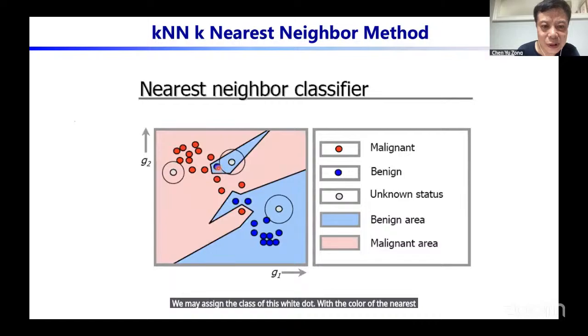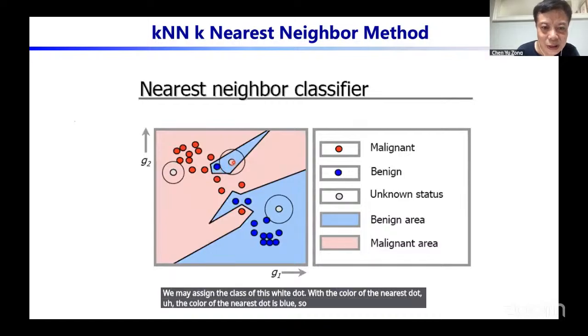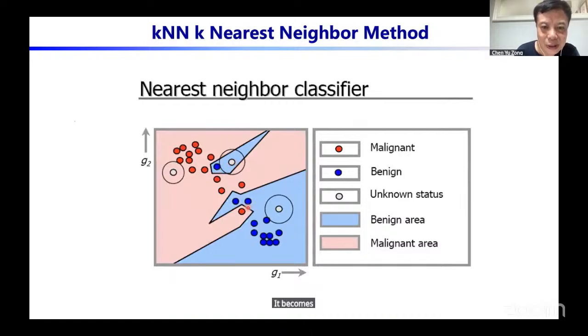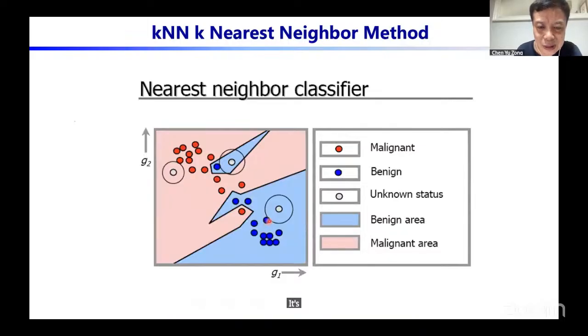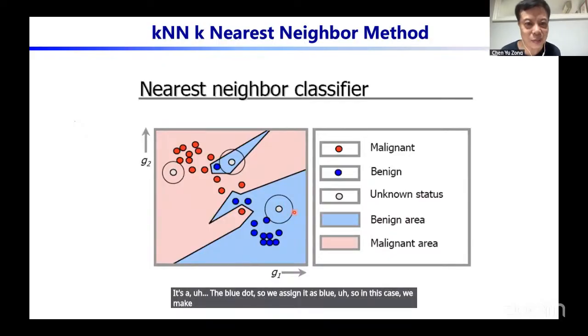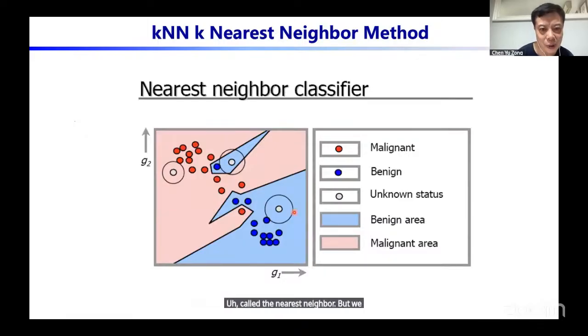The color of the nearest dot is blue, so in this case, it becomes blue. Then we have a second case, which is also a white dot in the light blue zone, and we look at the nearest neighbor. It's a blue dot, so we assign it as blue. So in this case, we make this kind of assignment called the nearest neighbor. But we do see a problem here.